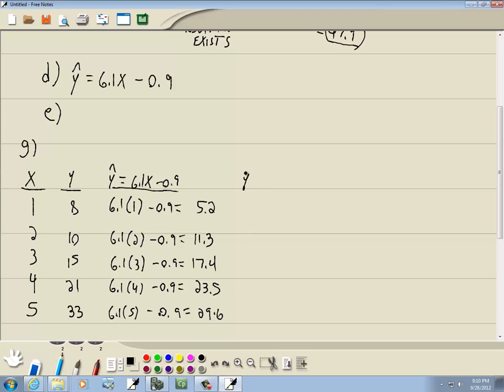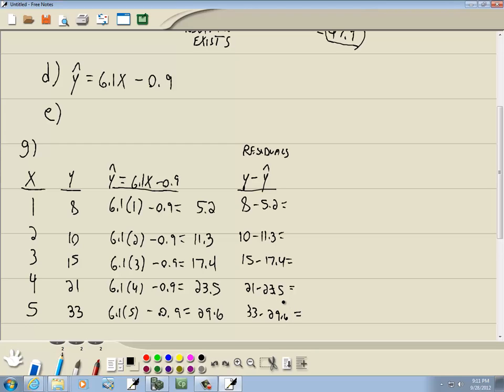Okay, then we need a new column. Y minus y hat. These are actually our residuals right here. So we're going to take y, which is 8, minus 5.2. We'll take y, which is 10, minus 11.3. We'll take 15 minus 17.4. 21 minus 23.5. And 33 minus 29.6.